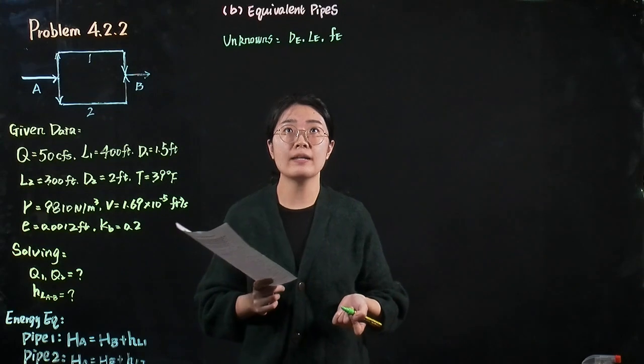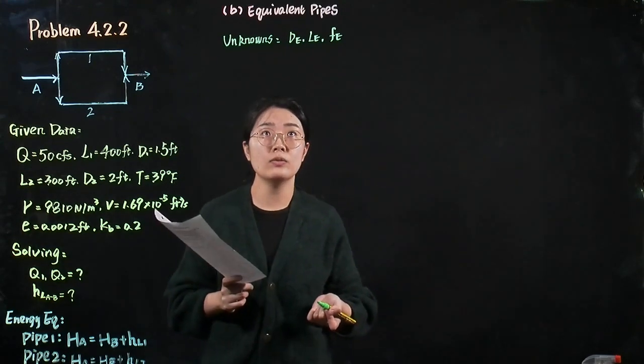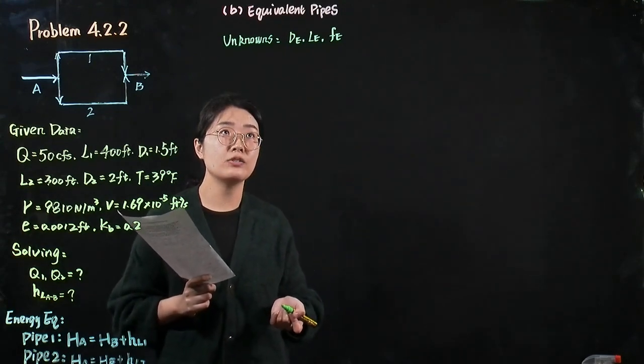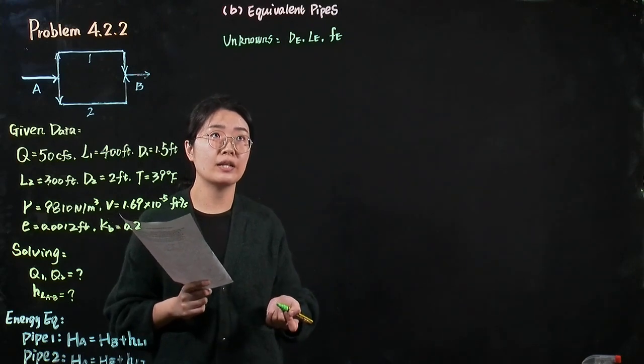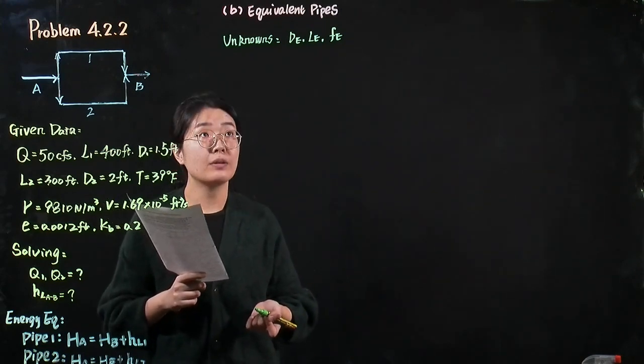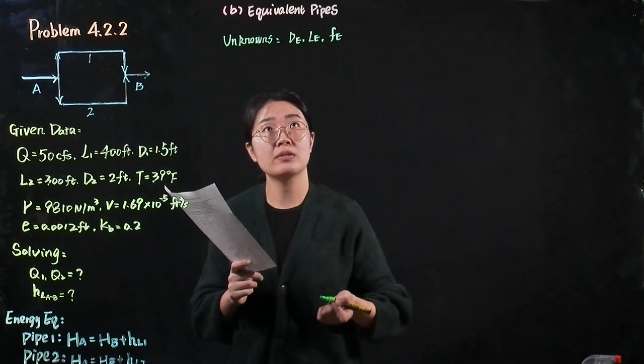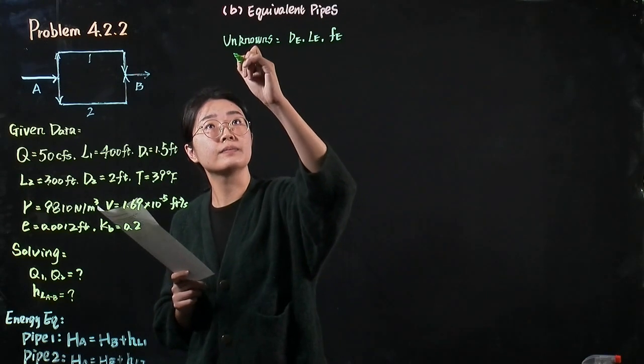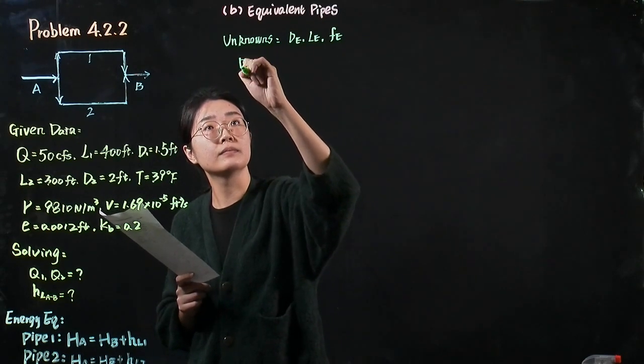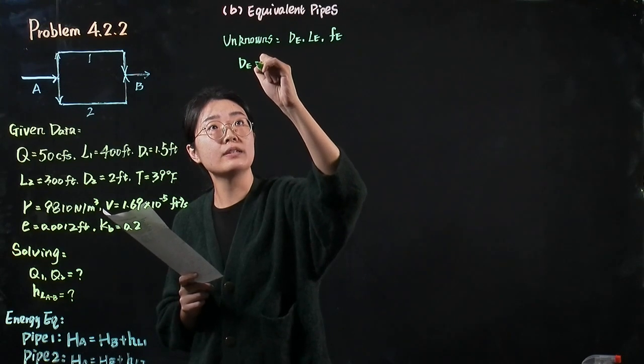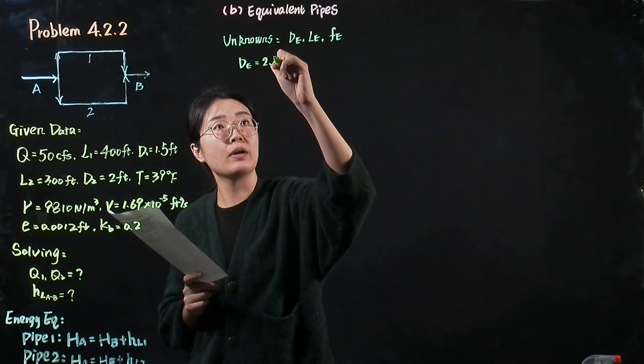We can assign values to two of the three unknowns and then calculate the third one based on the equation. So in this problem, we want to assign the equivalent diameter equal to 0.5 feet.